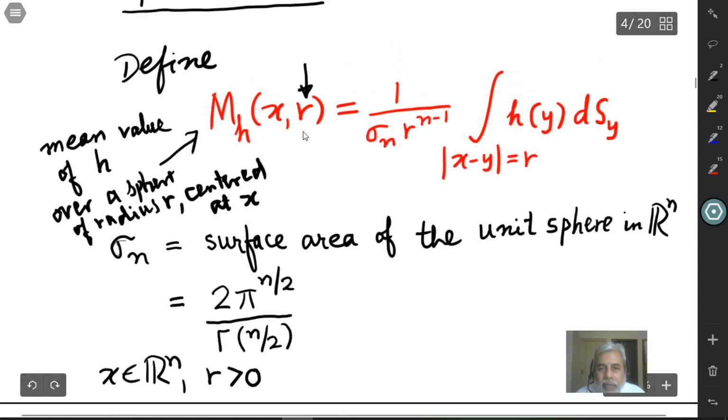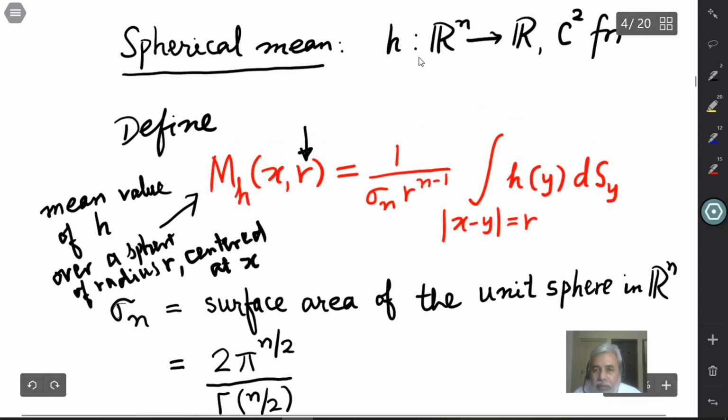Given any function from Rn to R, you just define this spherical mean function by taking the mean of the given function h over the balls around a given point x.